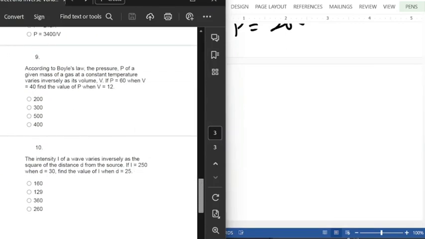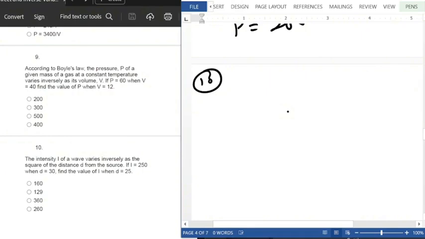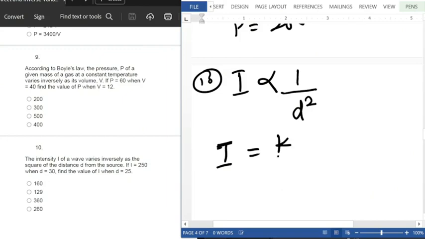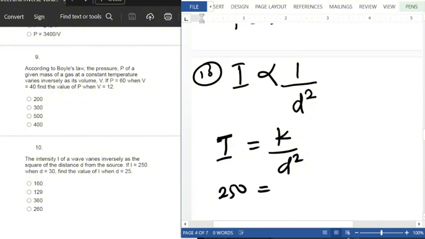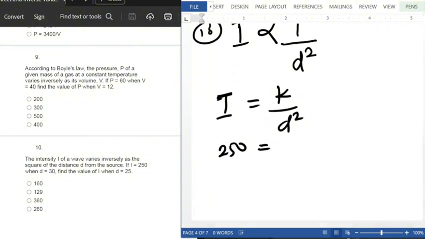For question number 10, the intensity I of a wave varies inversely as the square of the distance d from the source. So that is going to be I equals k over d squared. If I is 250, that is 250 equals k all over d, that is 30 squared.